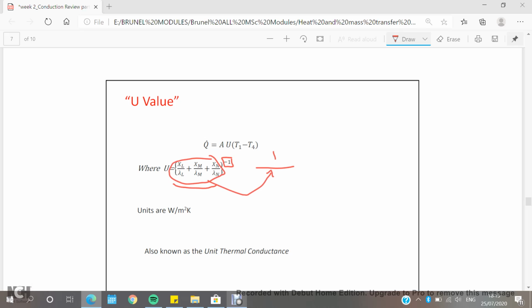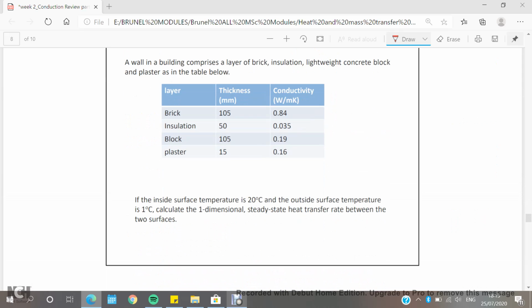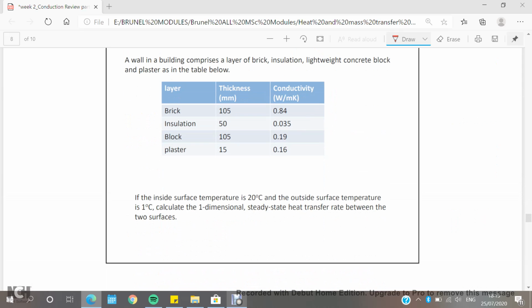I just want to mention something now, and then we can go through details in a few minutes: there is something called R, which is the thermal resistance. This is equal to 1 over U. Remember this for a moment. Here we have 4 different materials. Each material has a different thickness and a different thermal conductivity.